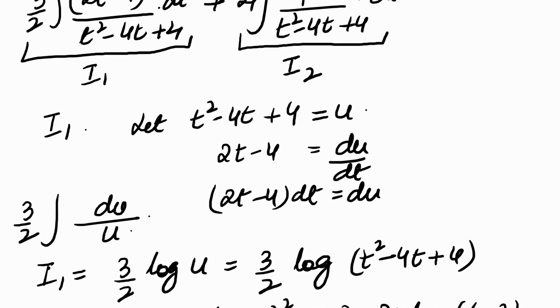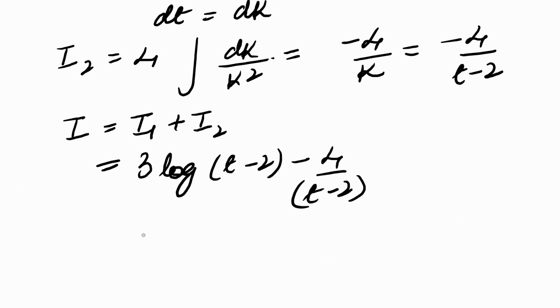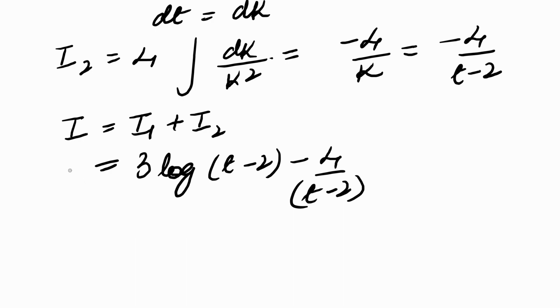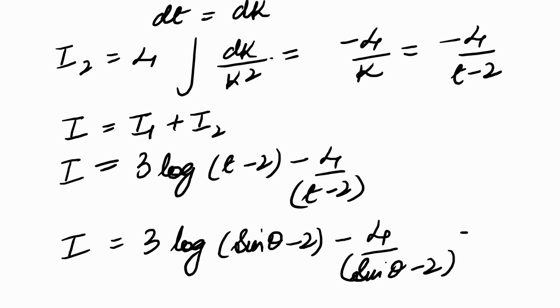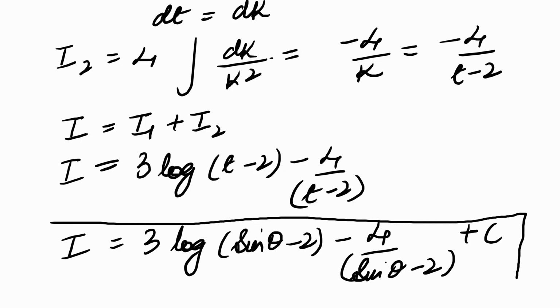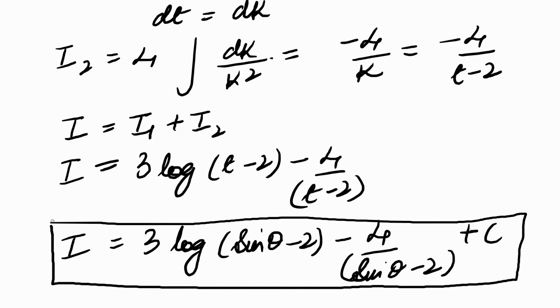So we'll substitute it. This will become I is equal to 3 log sine theta minus 2 minus 4 upon sine theta minus 2 plus c, and this is our answer. Okay, so I hope you understood this question.